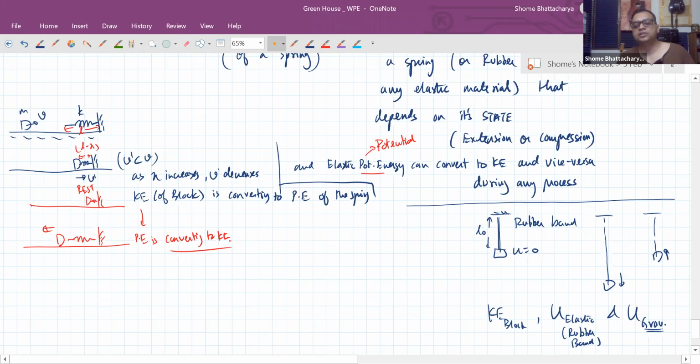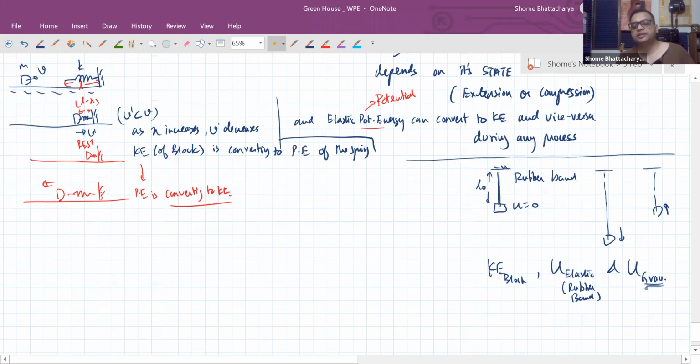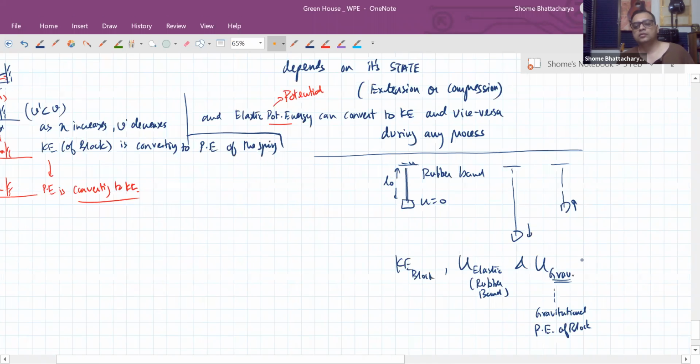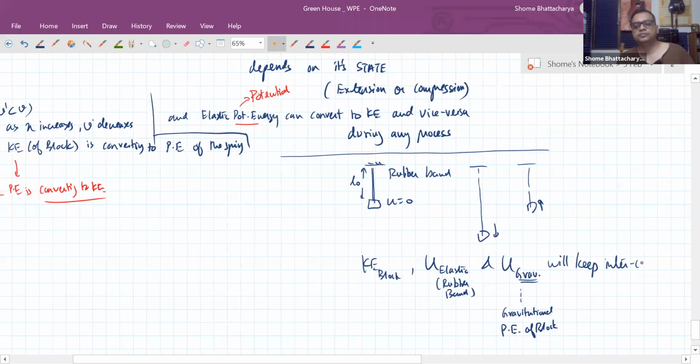Don't worry about these terms just now, I'm just giving you a physical example. They will keep interconverting in this system. This is just to give you an idea about what potential energy is. So far we haven't come to any relationship between potential energy and force. We'll come to that.